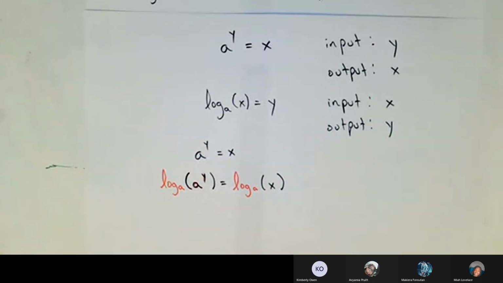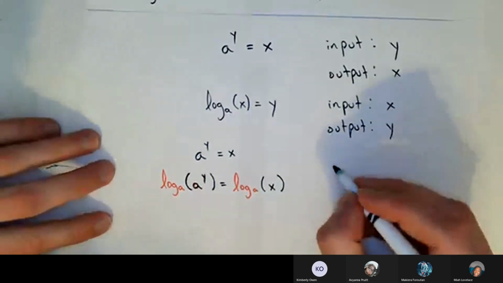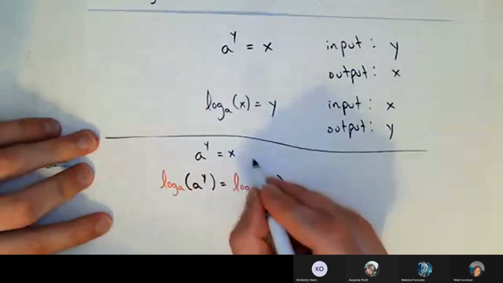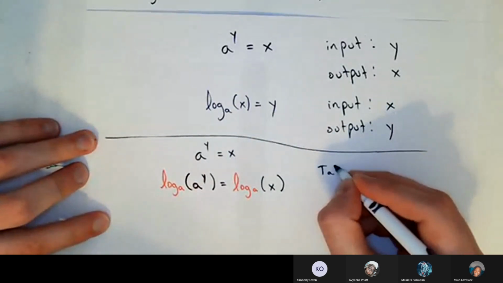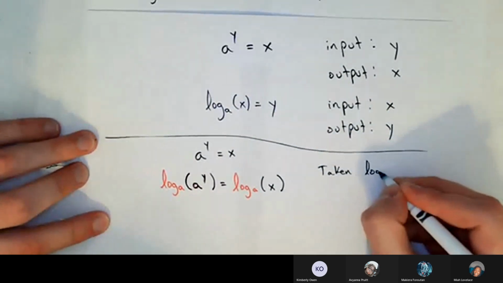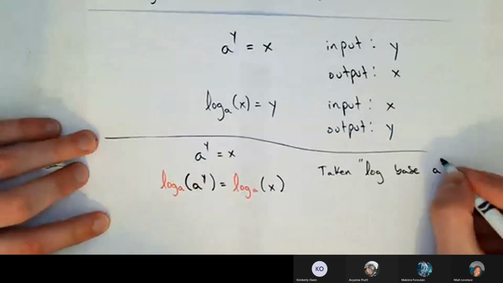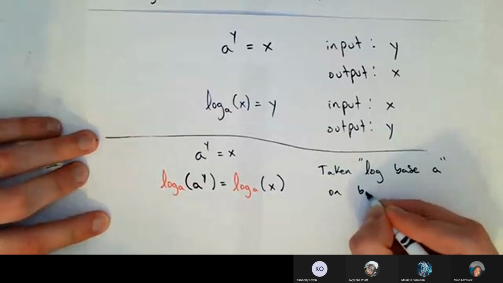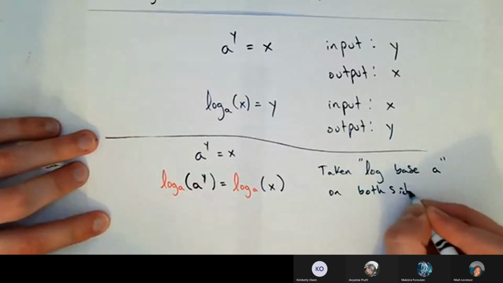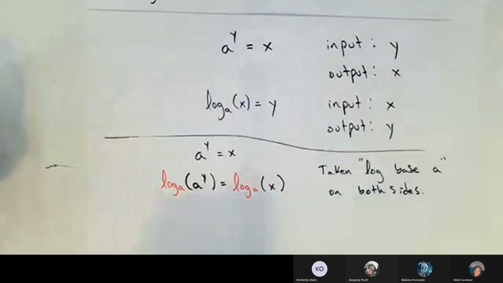Okay, so from here to here, this is how you would say it in words: take log base a on both sides. Good. Now we know from our properties from last time, we had these properties of logs.